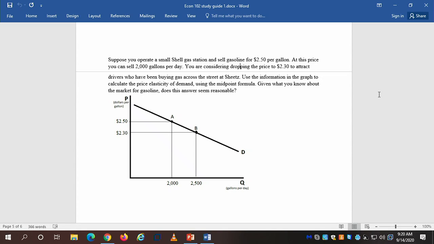And divide that by, Q2 is 230, minus 250 divided by 250 plus 230 divided by 2. Once you have all the numbers plugged in, from there it's just easy subtraction and division. Make sure you get all these right. It's important to double check that before you start.